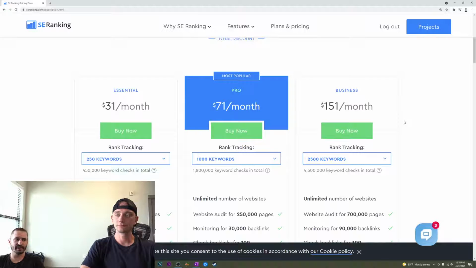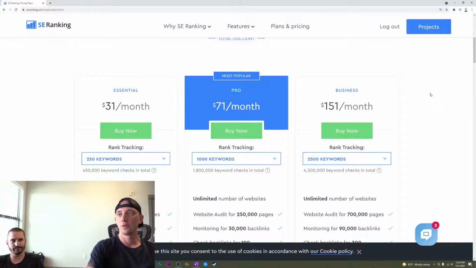But I also find that it's not the most reliable as far as what it's telling you. So then you can hone in on those things by using SE Ranking or a similar tool. With both of those, we've been able to paint a pretty good picture of what we're doing with all our campaigns.